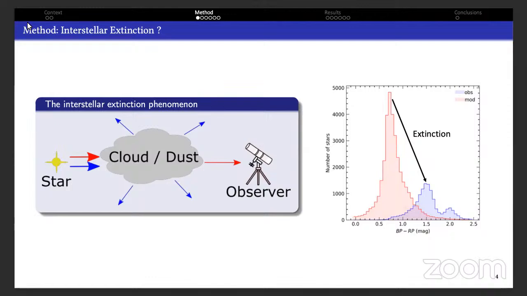On the color histograms, you can see the effect of extinction. For instance, in red, you have the color histograms for synthetic stars, and in blue, for real stars with the extinction. And you can see the effect of extinction on this histogram.